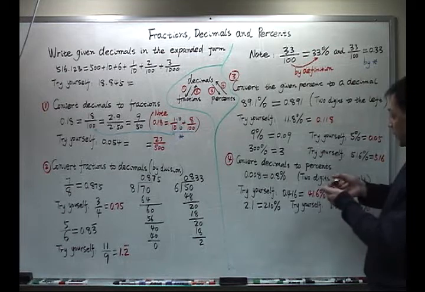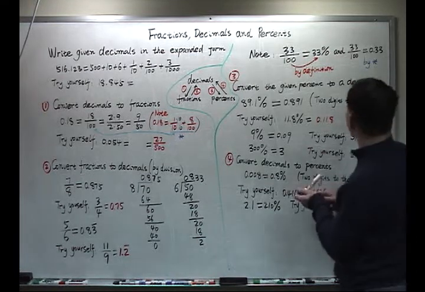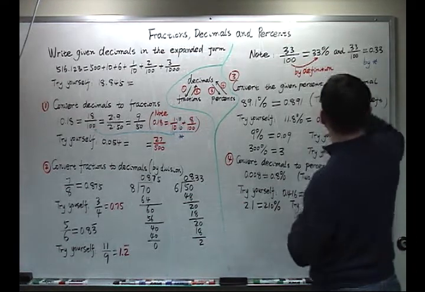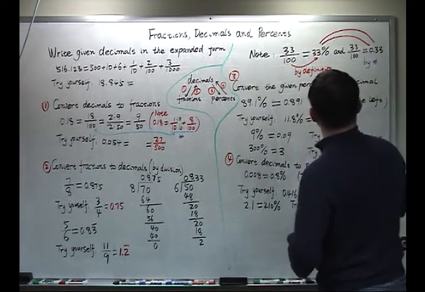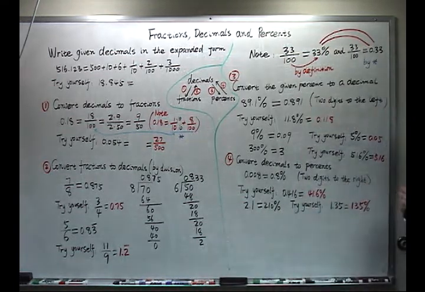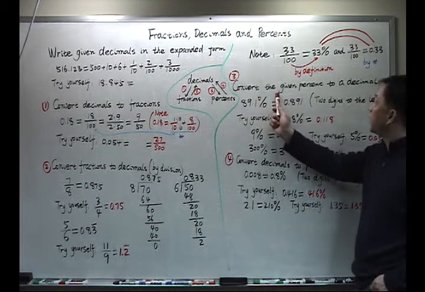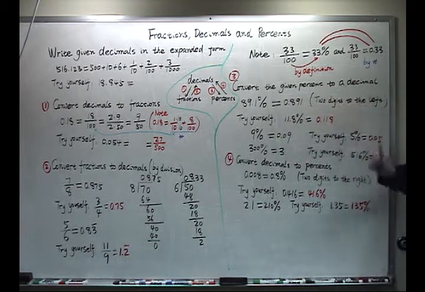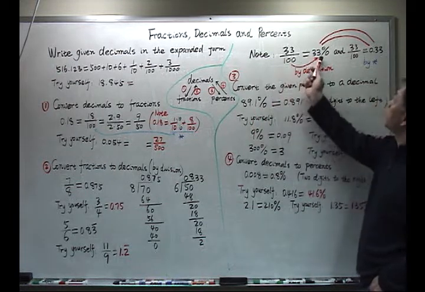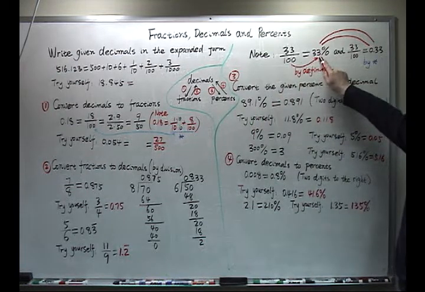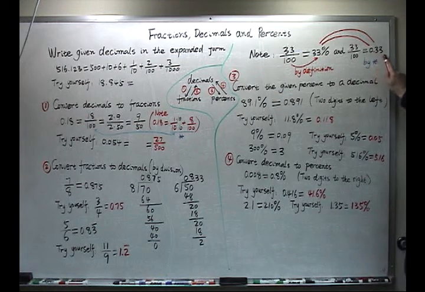So actually, you can see right here that 33% equals 0.33. So if we want to convert the given percent to a decimal, for example, let's look at this one. This is 33, this is 0.33.